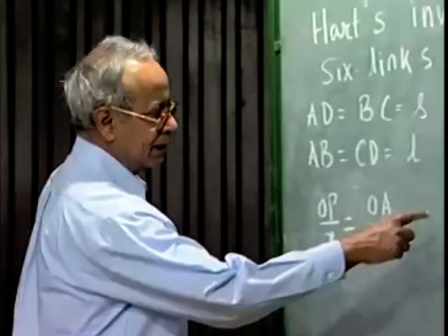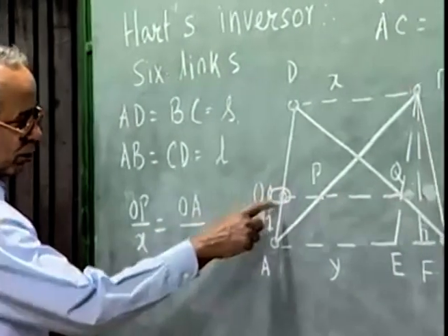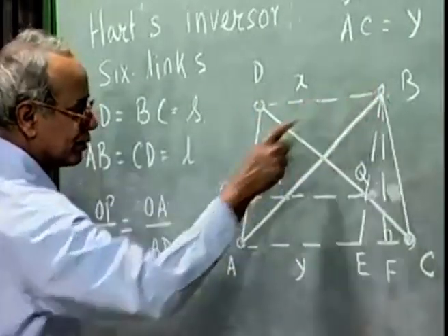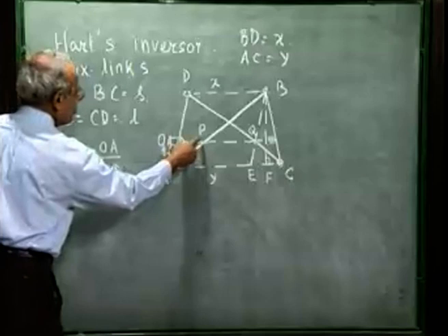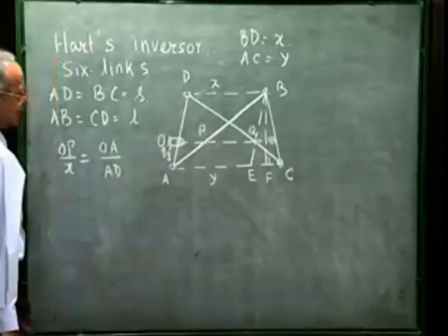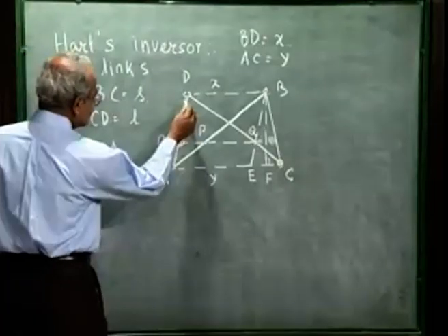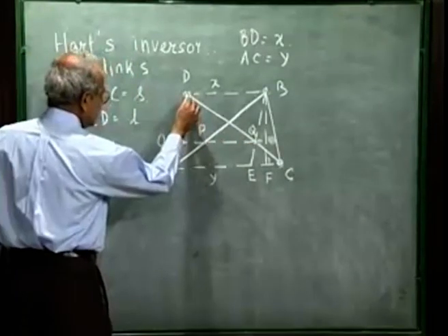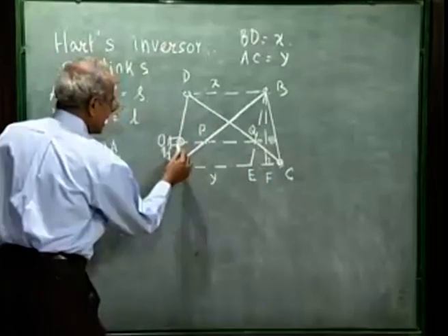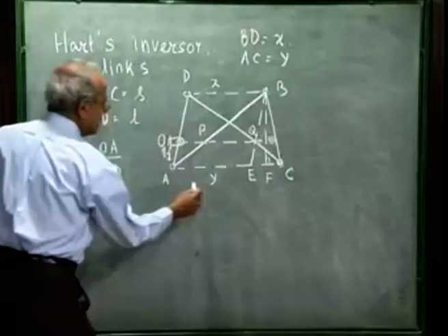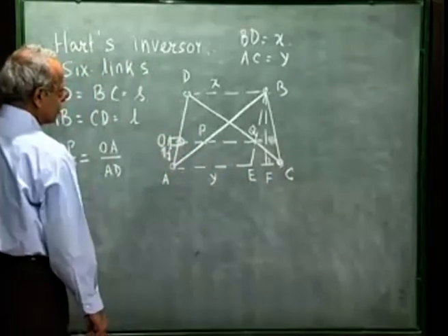So, considering these two similar triangles, namely OAP and ABD, because this line is parallel to this line, I can easily write OP by X is OA by AD. Now, let me consider these two triangles, namely DOQ and DAC. Again, in these two triangles, OQ is parallel to AC, so these two triangles will also be similar.